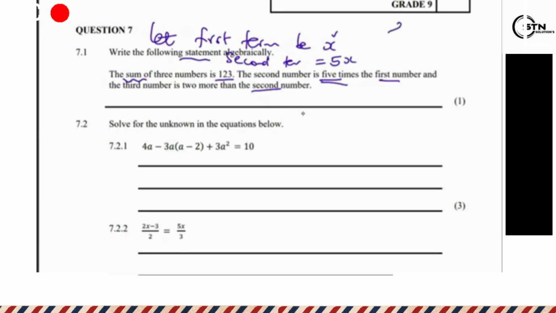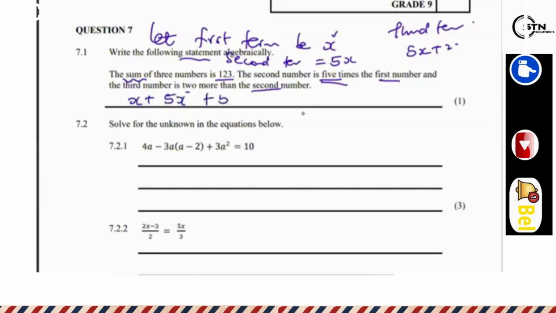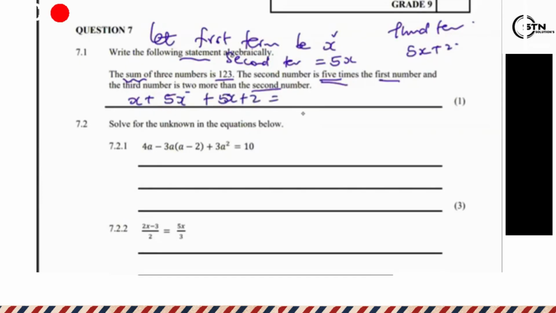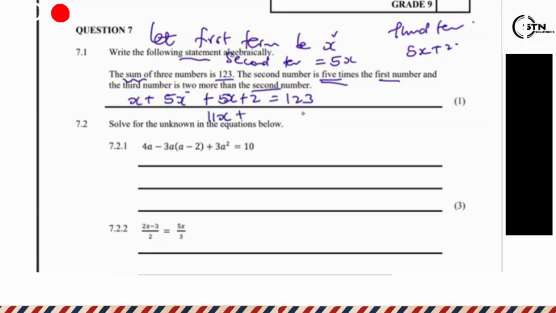And then the third term is 2 more than the second. When they say 2 more, it means it's 5x plus 2, meaning that I'm going to get x plus my second term 5x plus now the third term, which is 5x plus 2. I equate it to 123. Simplify this. I have 11x plus 2 must give us 123.